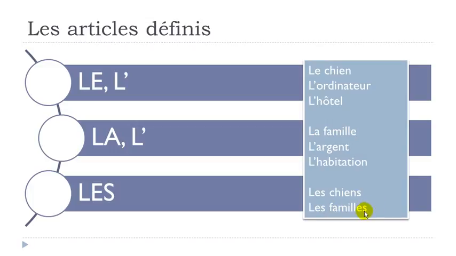Just add this final S, and you get the plural form, les familles, okay? Remember, chien, singular form, chien, same pronunciation, but you put this S, okay? Final S, not pronounced. Famille, singular form, famille, plural form, same pronunciation, S, not pronounced.